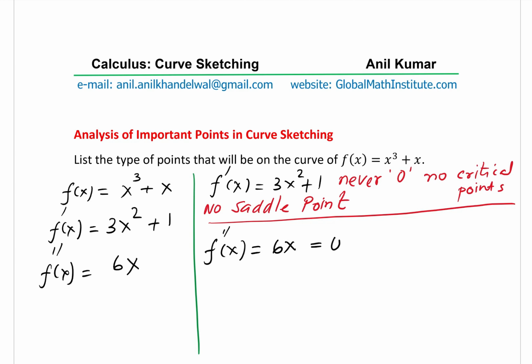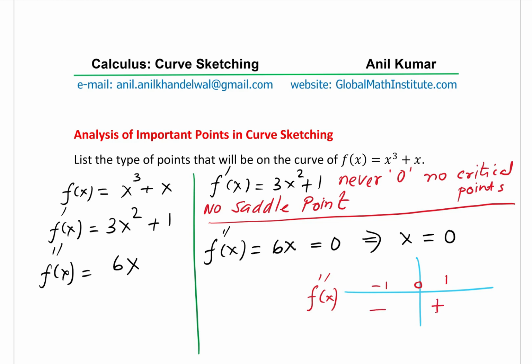Second derivative, f double dash x equals 6x. If you equate it to 0, it gives you x equals 0. Now if you analyze this particular point x equals 0 for the second derivative, you get 0. If you test with negative 1 on the left side and positive 1 on the right side, the second derivative is negative on the left and positive on the right.